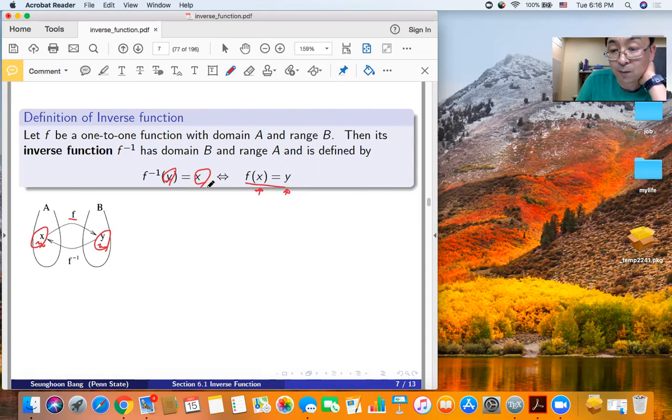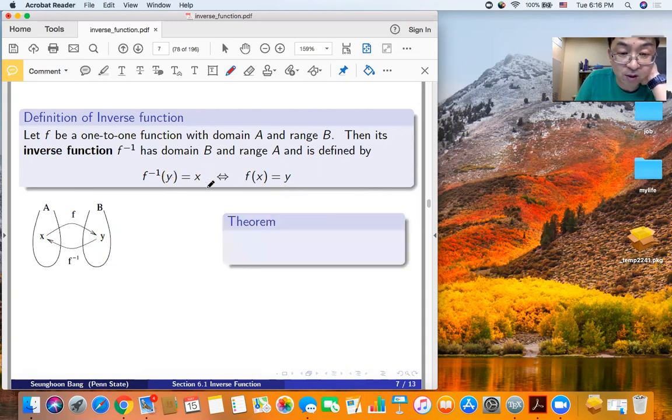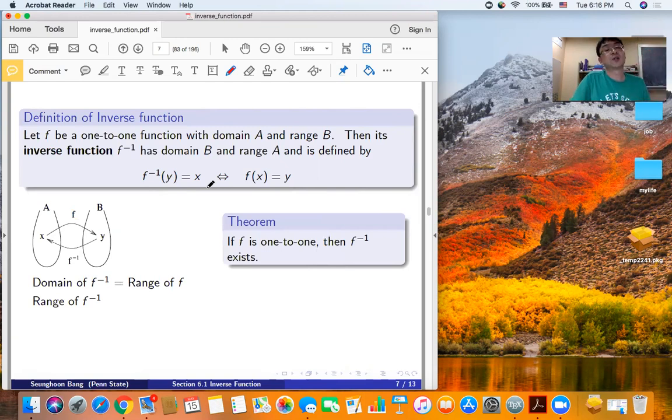We have an important result, one good theorem. If the function f is one-to-one, the inverse function exists. The domain of the inverse is exactly the same as the range of f, and the range of the inverse function is the same as the domain of f.